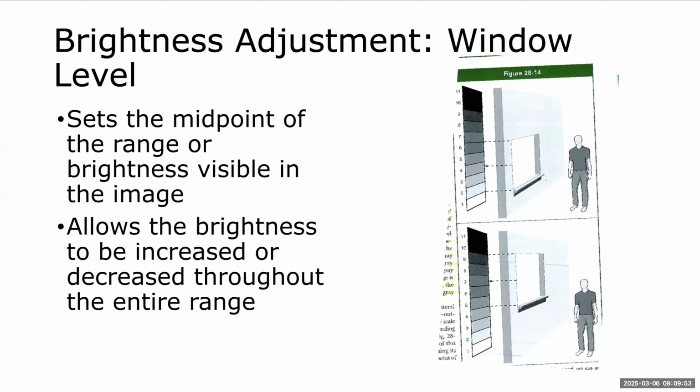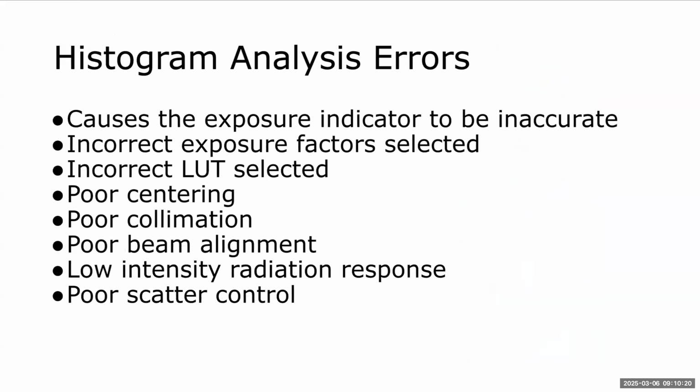It's just the level of the midpoint of the brightness range available in the image that is changed. You can see that in this picture. The brightness midpoint in the picture on the top is 4. In the picture on the bottom, the brightness midpoint now is 7. So the brightness of the entire image is being changed the same, like each pixel is being changed by the same amount.